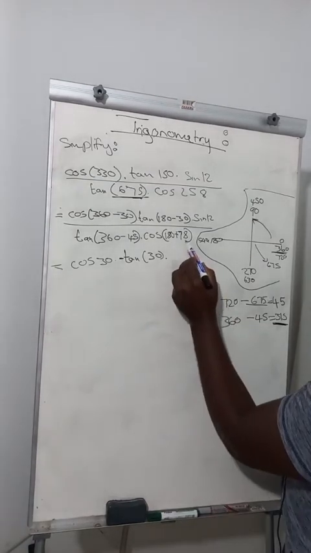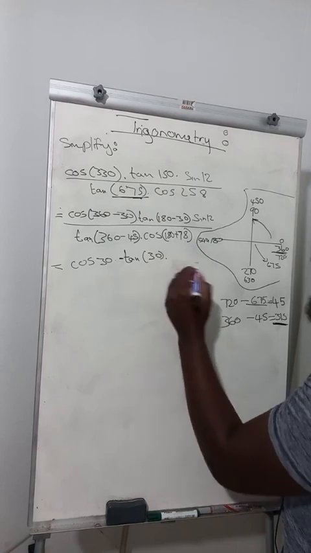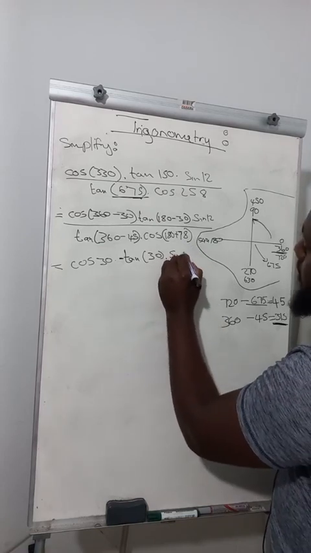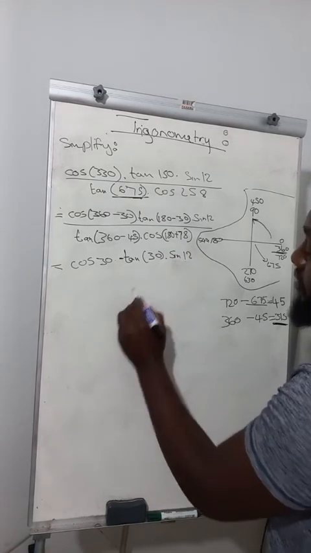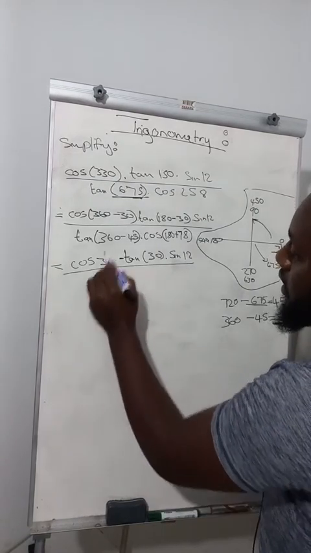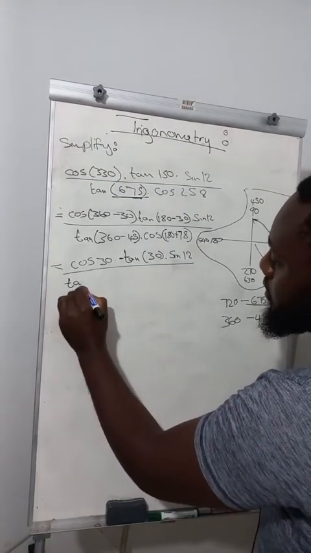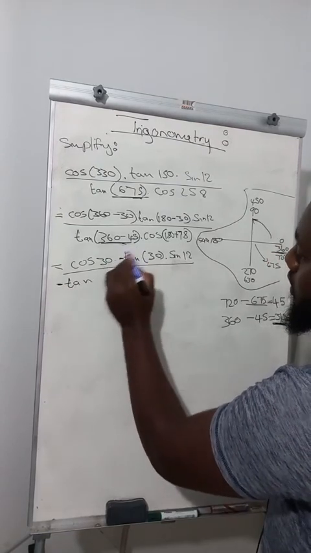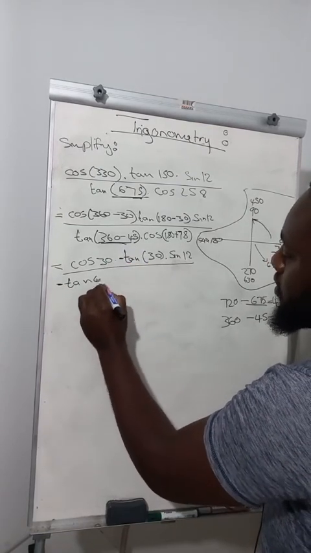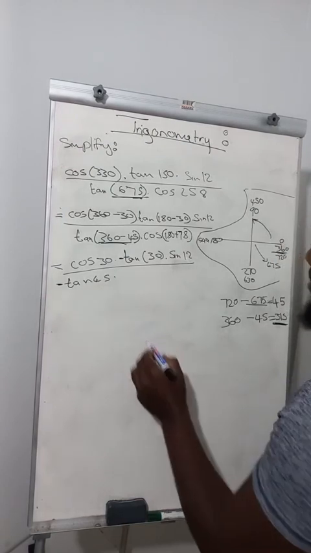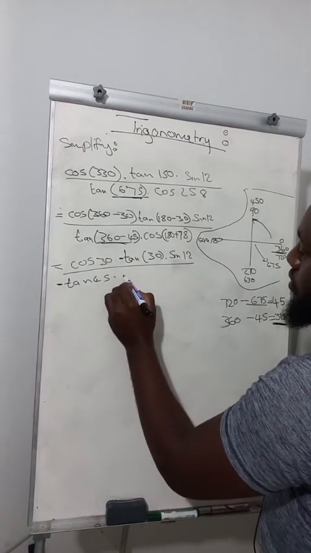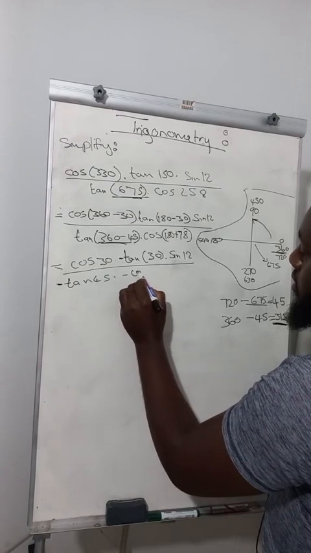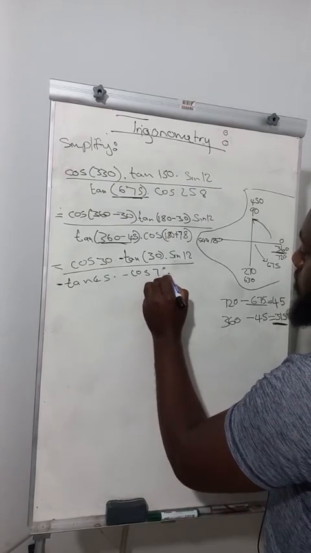Here, do you see that you are having... Okay, let me just keep it so that I don't skip steps. Just keep the sine 12 like that. And then here you'll have tan a negative, mind you, because this is within the fourth quadrant, minus 45, multiplied by, this will just give you a negative cos 78.